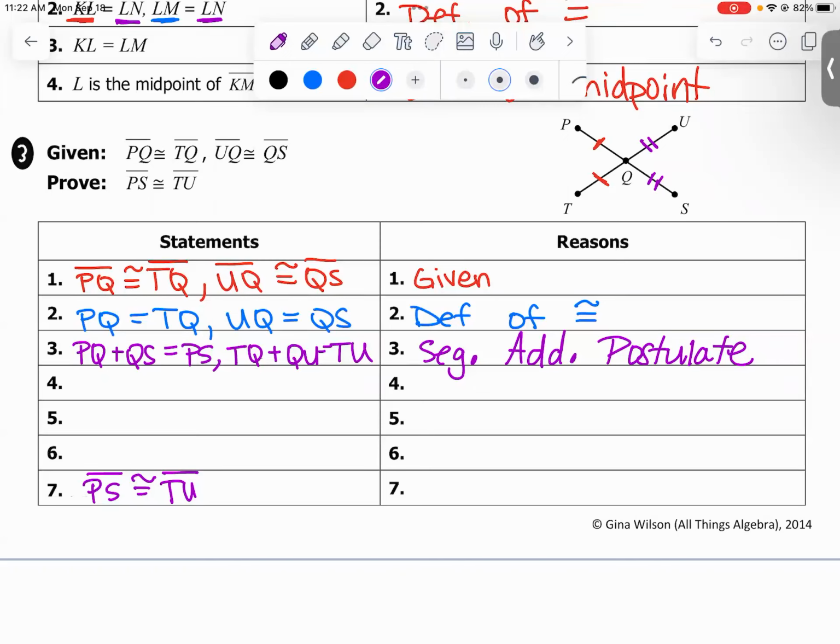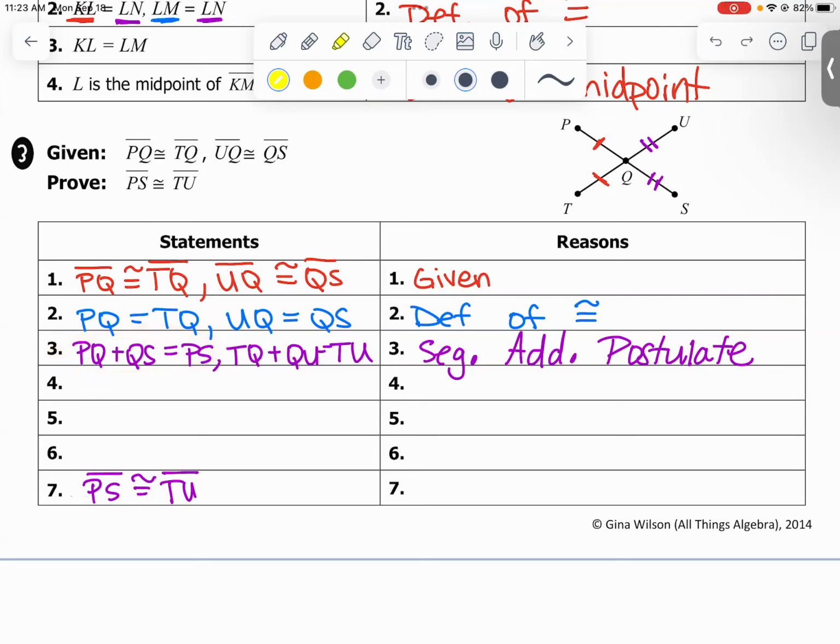This is where things get a little crazy. I want to prove two pieces are equal. So right now, if we look at this one right here, PQ plus QS, I'm going to have to do something with that statement.